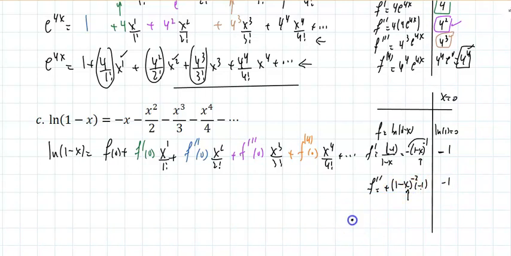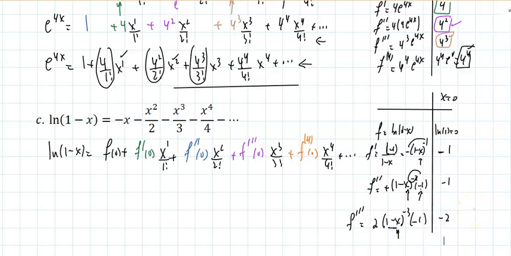2 more derivatives and I'm home free. Third derivative. If you bring the power down, negative 2 times negative 1 is a 2 times 1 minus x to the negative 3 times by the chain rule. If you put a 0 there, you get a negative 2.